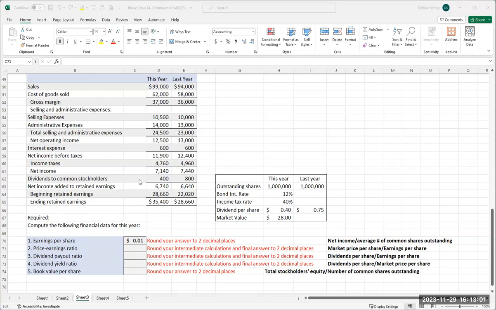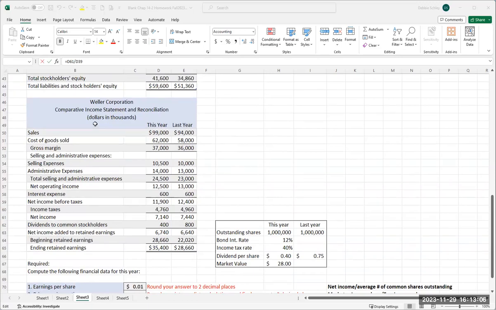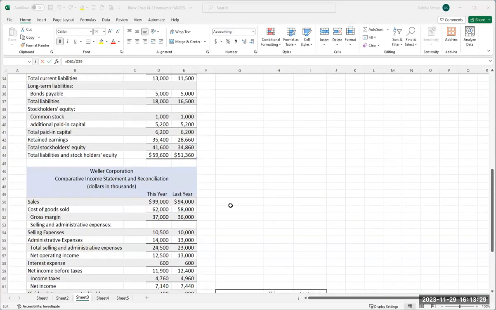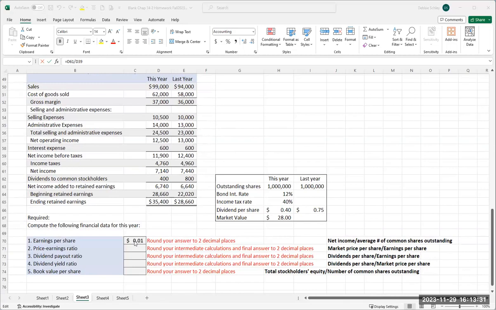So again, this is something they do sometimes that really messes some things up. This is dollars in thousands. And so my net income says 7,140. What they really meant is it's really 7,140,000. They took off 3 zeros. And so I either need to add 3 zeros to this or take 3 zeros off of this. And so if I just reference the common stock right there, that should fix my problem.